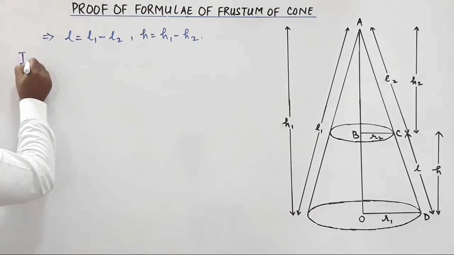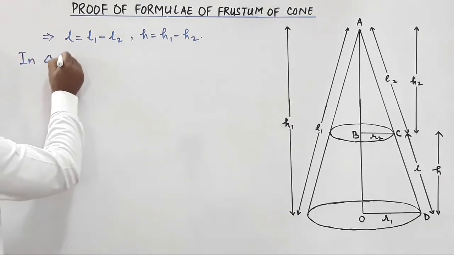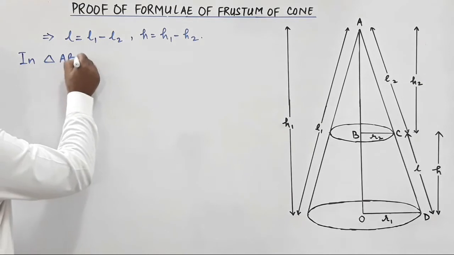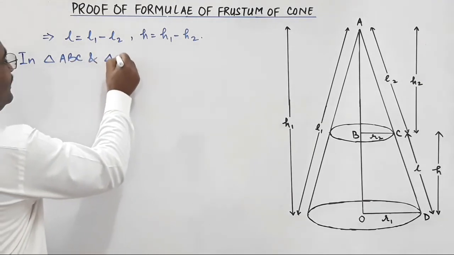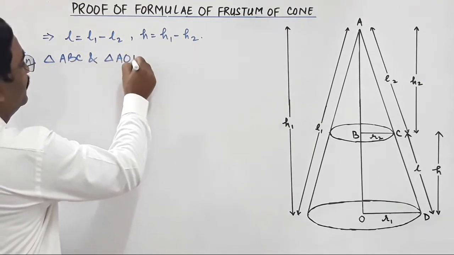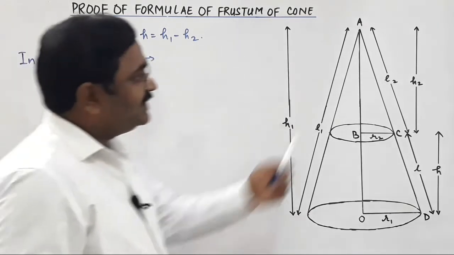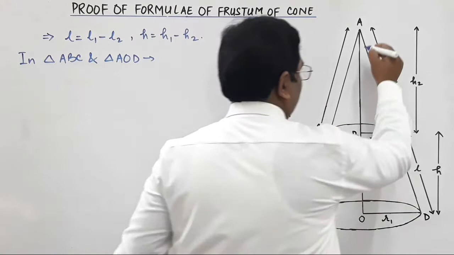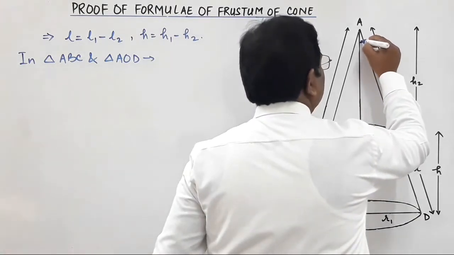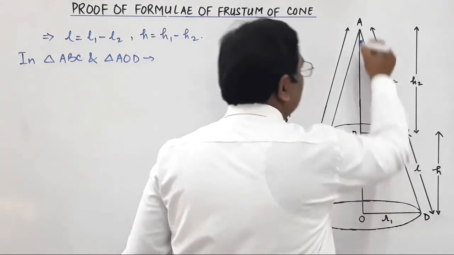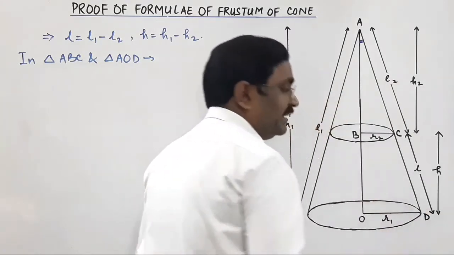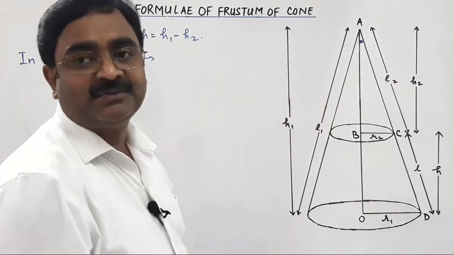In triangle ABC and triangle AOD, angle A is common in both. This angle is in ABC also, and this angle is in AOD also.